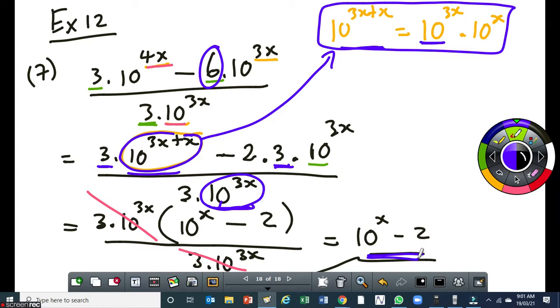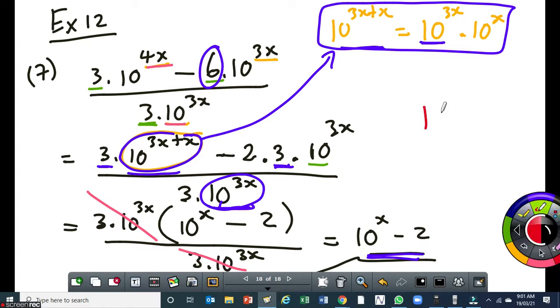So here I saw the exponential terms, but before I carry on, I just want to remind you: if I give you 10 to the power of 4x and 10 to the power of 3x, what's the highest common factor of those two exponential terms? 10 to the power of 3x.